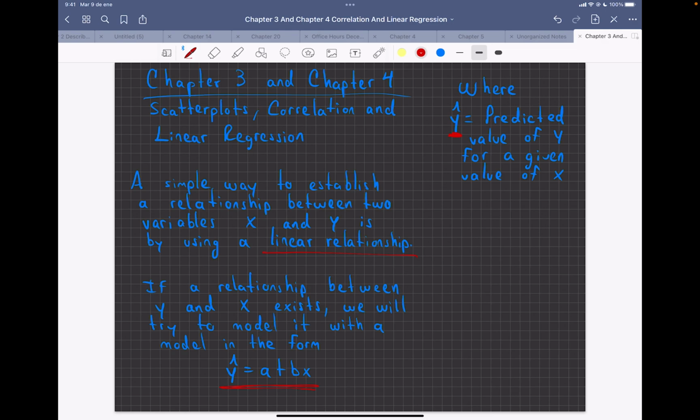The b represents the slope of this linear equation, and the a is going to be the y-intercept.